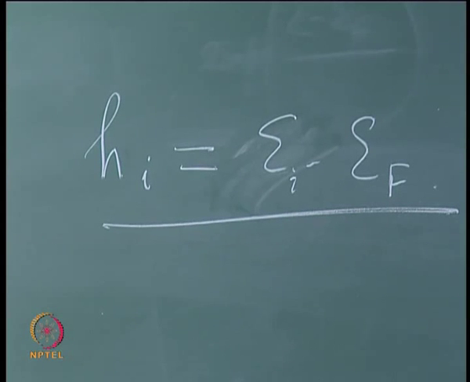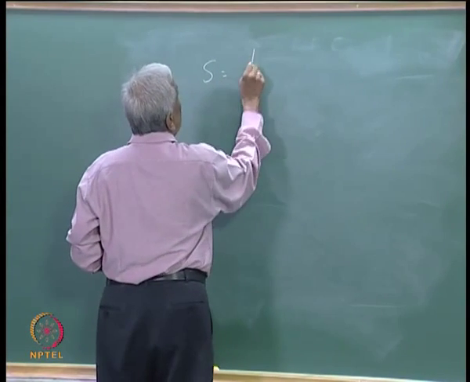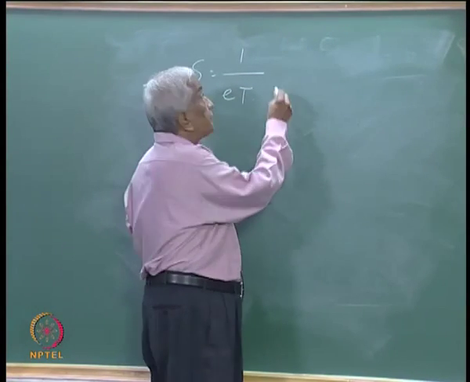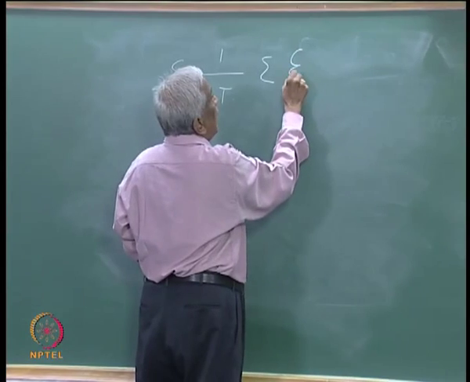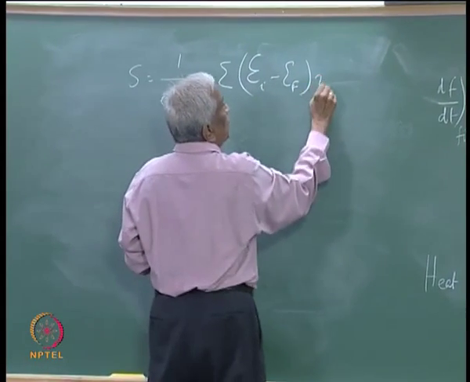So, putting all this together, we get the thermopower. We have the thermopower as 1 by eT sigma (E_i minus E_f) times v_i of x.